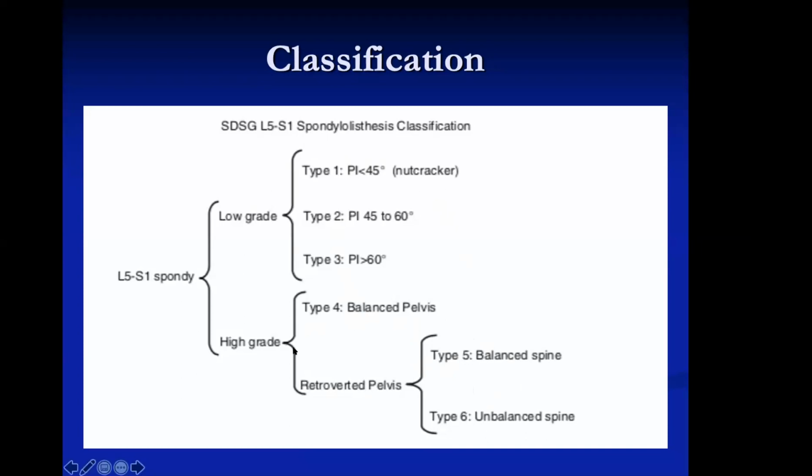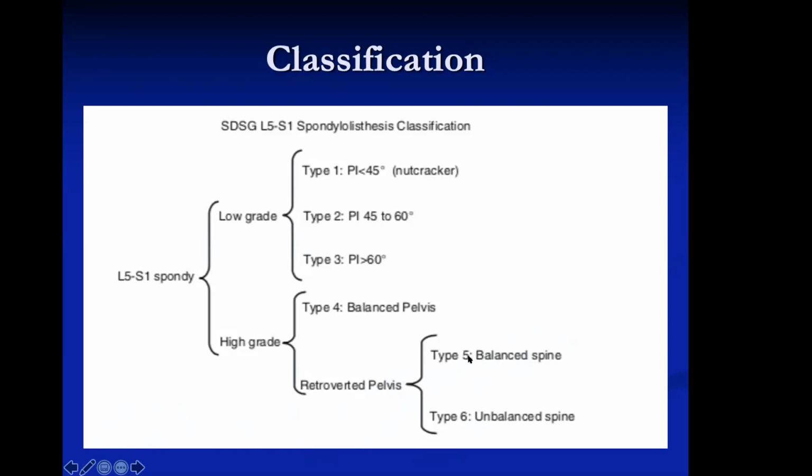But when it comes to a situation where there is a retroverted pelvis, there you need to reduce the listhesis and fuse it, because there are two types. One is a balanced spine. Because of all the compensatory mechanisms, it is balanced.